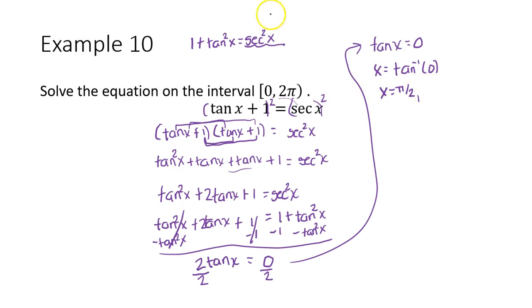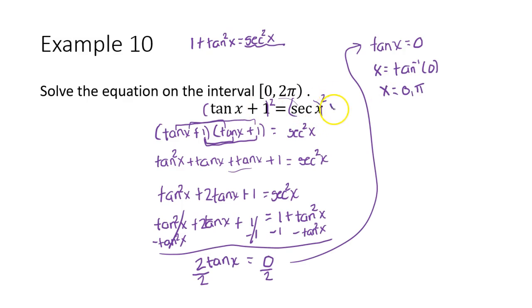Wait, no, that's not right. There we go. Try that again. That gives me the angles 0 and pi.